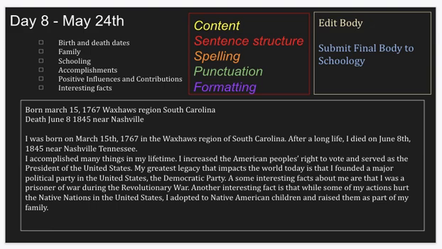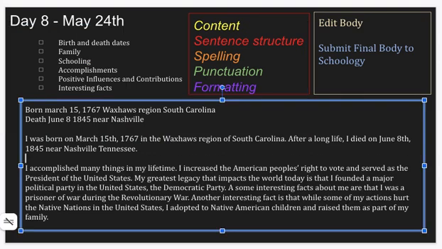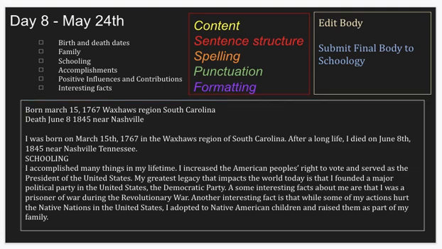I don't have anything about schooling. I noticed that. So I'm going to pay attention to that. I'm going to add something here and write schooling. After I finish my editing, I'm going to have to go do a little bit more research and add some information about schooling. Accomplishments.